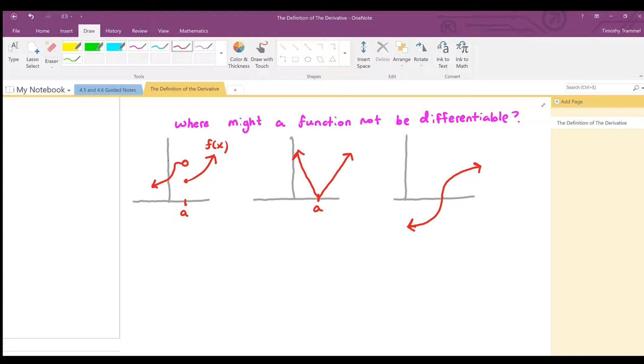All right, so one issue is discontinuities. Sharp corners. And places that have vertical tangent lines.